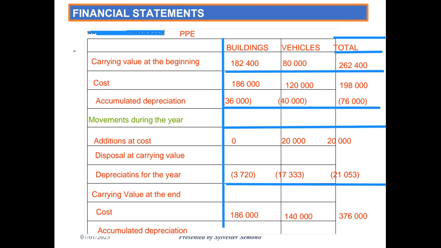Will the accumulated depreciation be accumulated depreciation plus depreciation? Yes, you're correct. The same way I dealt with the cost, do the same. So accumulated at the beginning plus the one during the year.